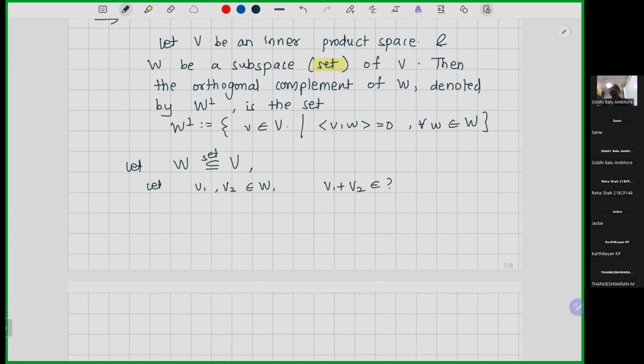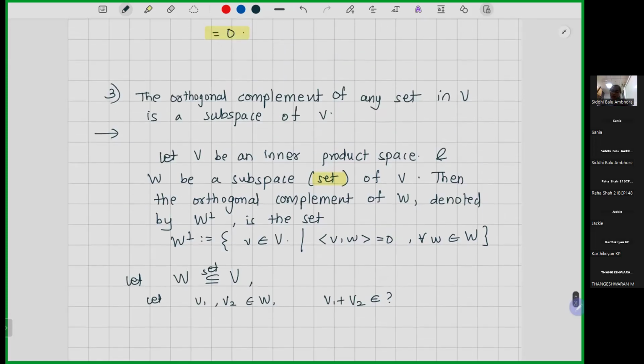No, when we say orthogonal complement, W need not be a subspace. W is any set.